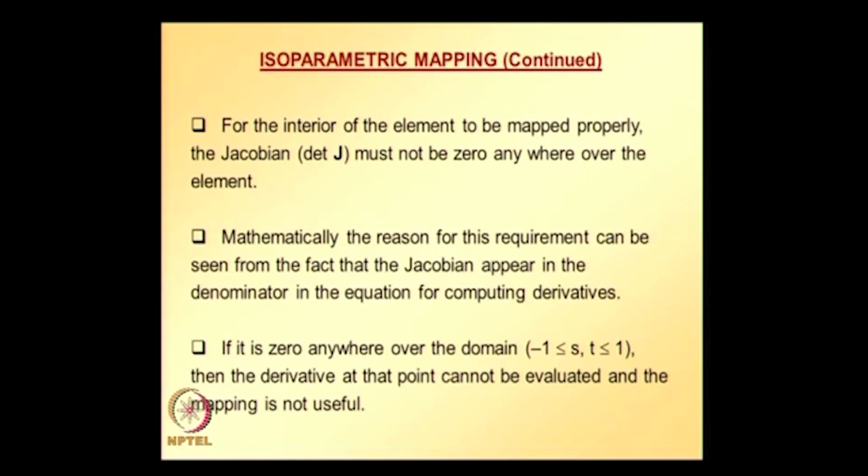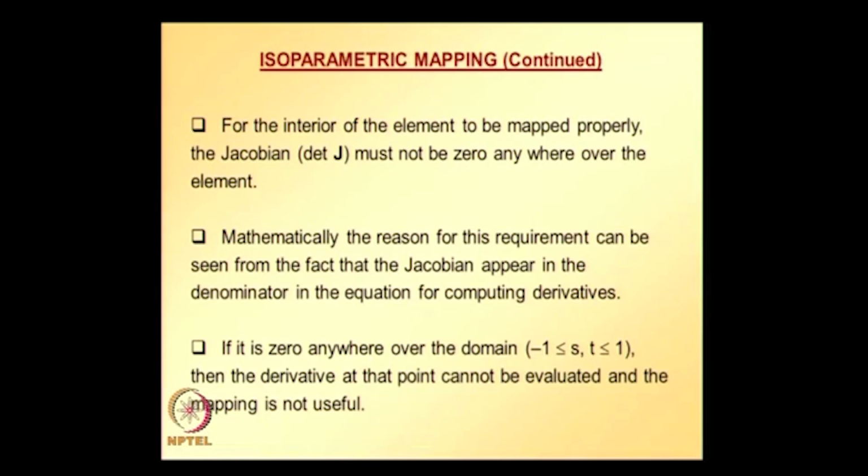So, we cannot find the derivative at that point, and the mapping is not going to be useful. And we will illustrate these issues related to mapping by considering some numerical examples.